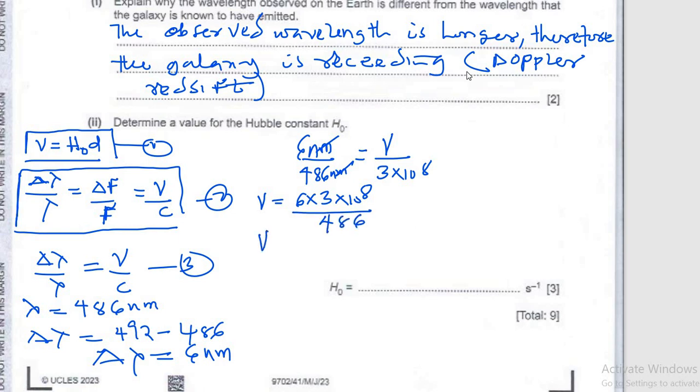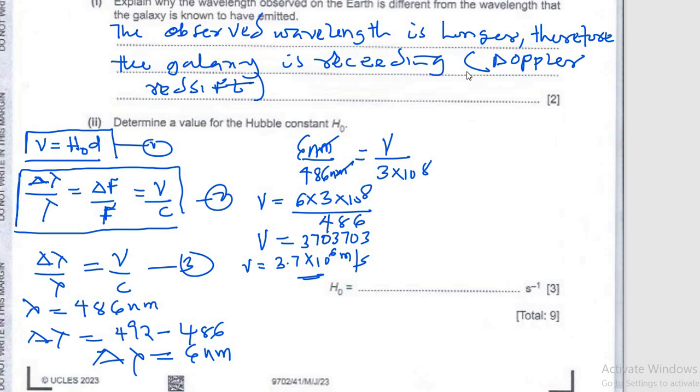So what's our v now? When you divide 6 times 3 times 10 to the power 8 over this, we should have something like 3703703. In standard form, that's 3.7 times 10 to the power 6 meters per second. That's the value of velocity.